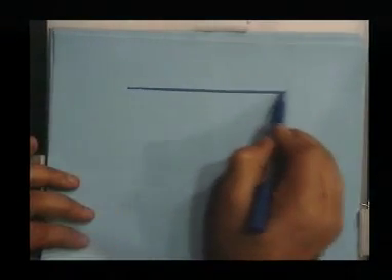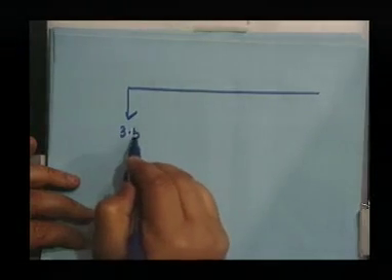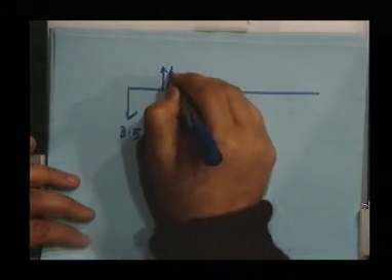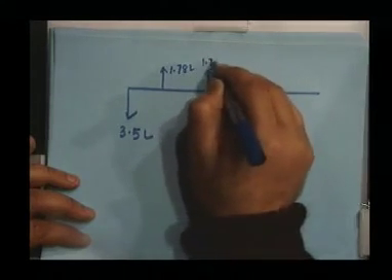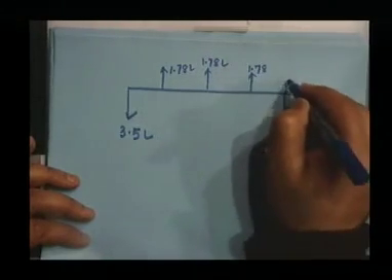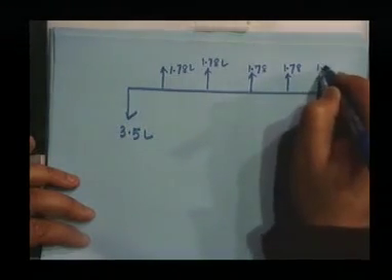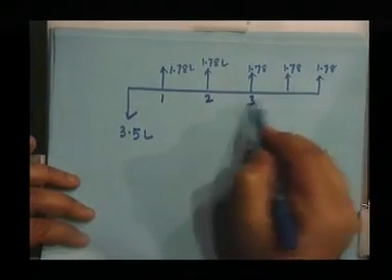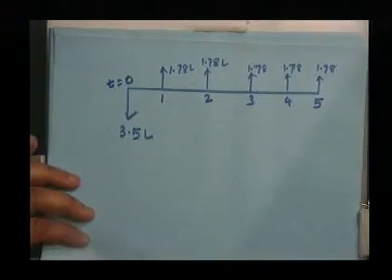You have 3.5 lakhs here, and every year I have 1.78 lakhs, 1.78 lakhs, 1.78 lakhs, 1.78 lakhs, and again at the end of it 1.78 lakhs. This is year 1, 2, 3, 4, 5.